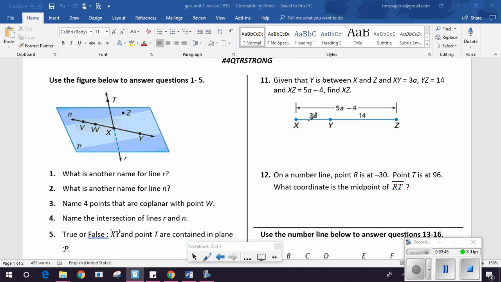So our parts are XY and YZ, and our whole is X to Z. So the equation would read XY plus YZ equals XZ. Please show the geometric equation.